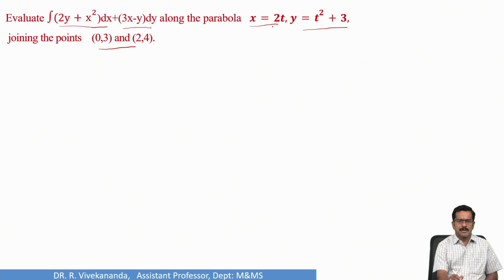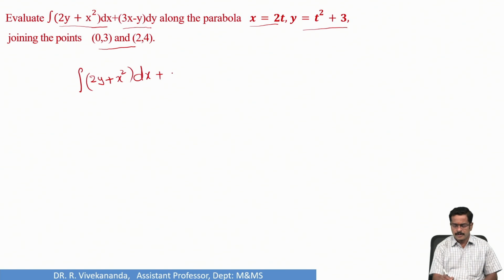Along this parabola the points lie, so from the point (0, 3) to (2, 4) we have to evaluate this integration.